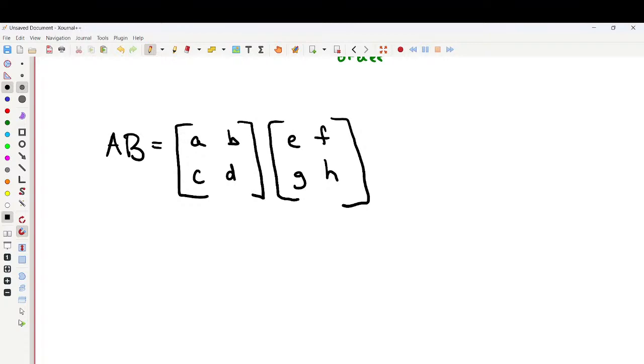But in the homework, you're going to have a variety. So suppose matrix A was a 2 by 2 with these 4 elements. Matrix B is another 2 by 2. These are in agreement. Our solution will be another 2 by 2.